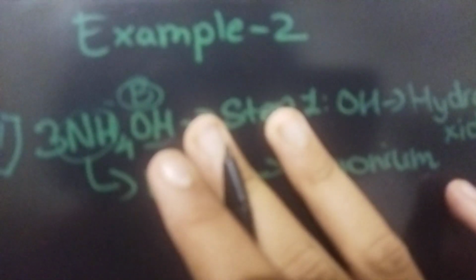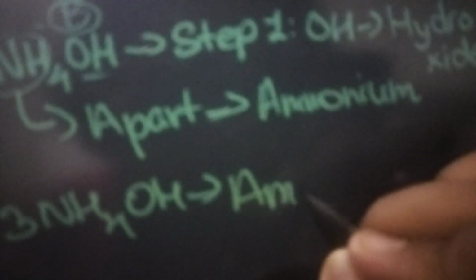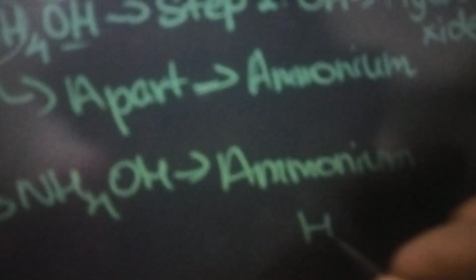You just have to know the basics, and if you know the basics, if you know step 1, if you know that OH ending things are hydroxide, you'll be able to clear it in the first go. So we can say that 3NH4OH is what? Ammonium hydroxide, right?